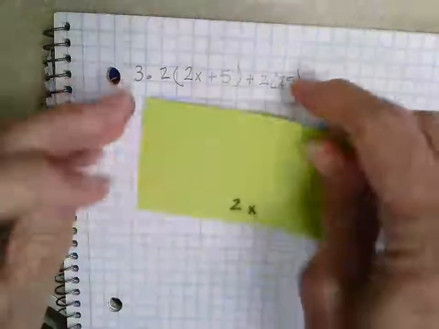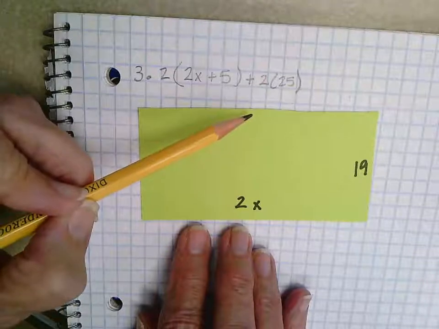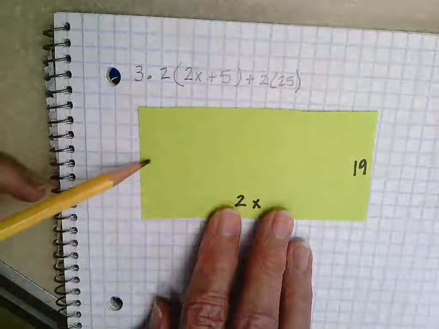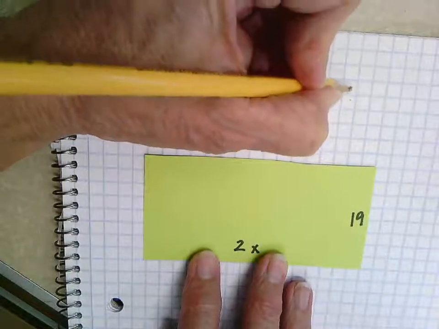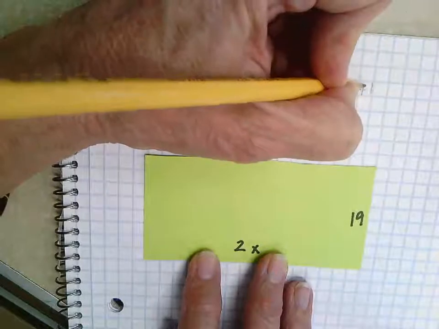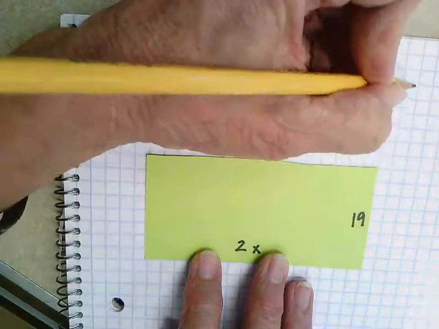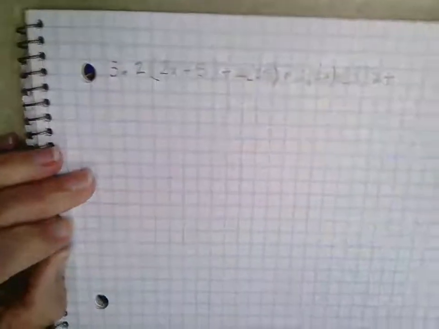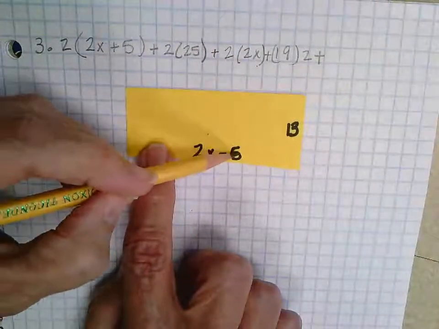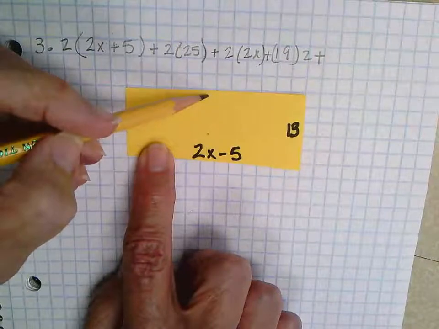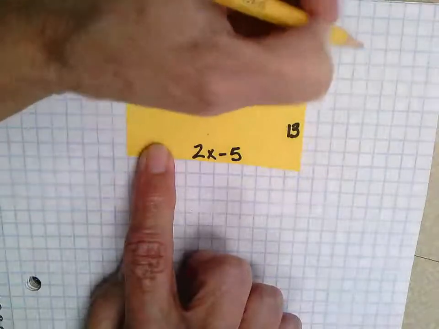The distance around the green area is going to be 2x times 2 plus 19 times 2. And then to that, I'm going to be adding 2x minus 5, and I'm going to be doing that twice to account for these two sides, and then 13 times 2.